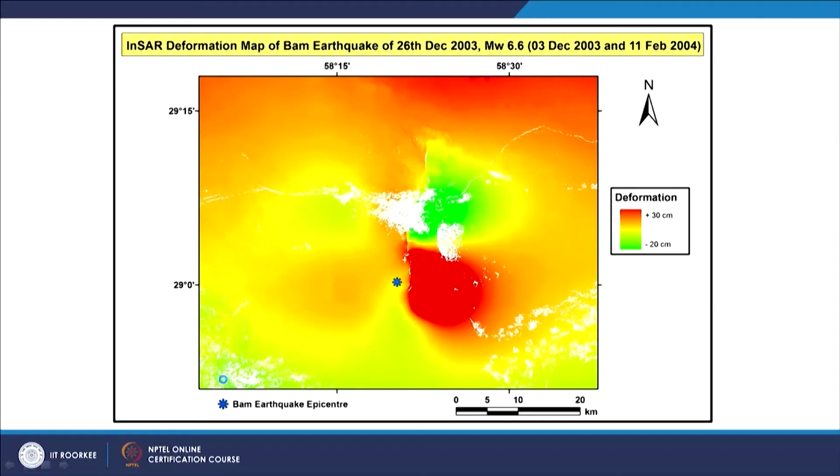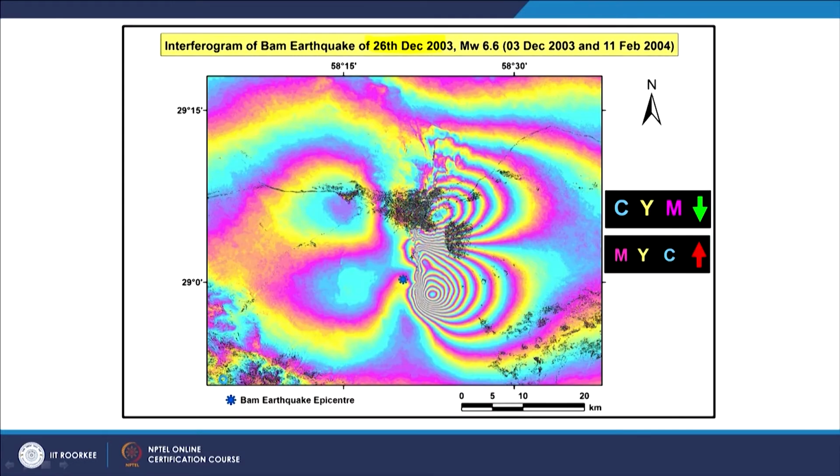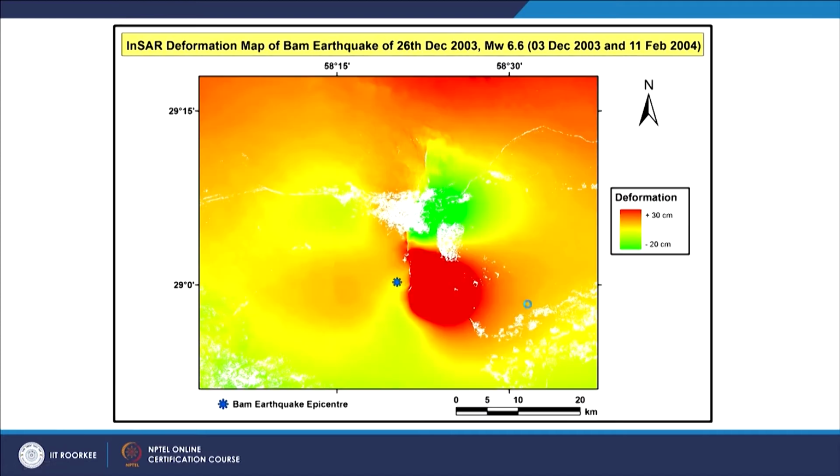This is the ground deformation which I was mentioning: when we get this color pattern, cyan, yellow and magenta, on the top part we get the subsidence, and the reverse of this pattern is what we get for the upliftment. So the lower part of this area got uplifted by about 30 centimeter, whereas the upper part, this green area, is subsided by 20 centimeter.